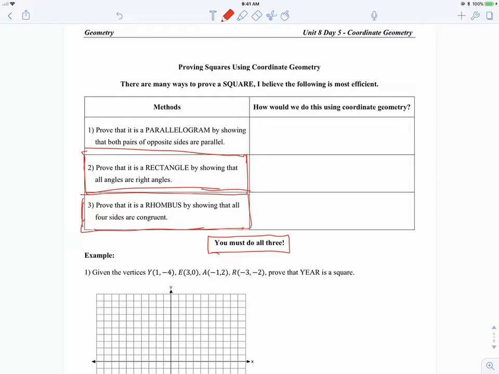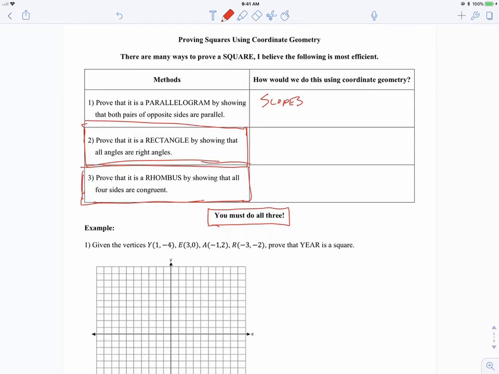To prove something's a parallelogram, you have to show opposite sides are parallel. To do that, we're going to look at the slopes. That's how you tell if things are parallel. To prove that it's a rectangle, we have to show that all the angles are right angles, and the way we prove that is using slopes. We want to show that they're perpendicular, so the slopes should be opposite reciprocals.